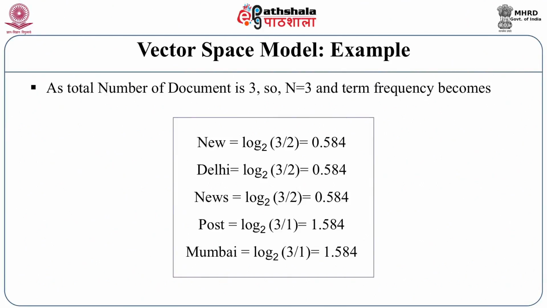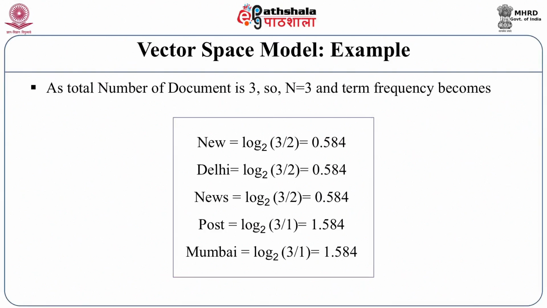The second index term is Delhi, and this term has occurred in document 1 and document 2. So the value is log of 3 by 2 base 2, which is 0.584. The same is true for News, because it has occurred twice.